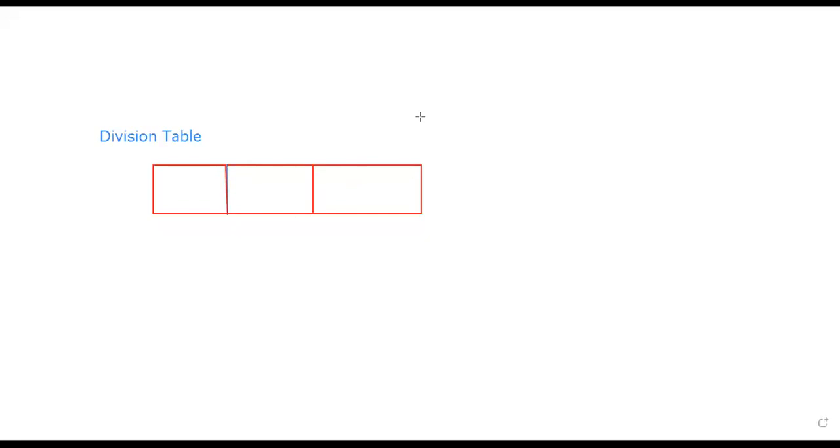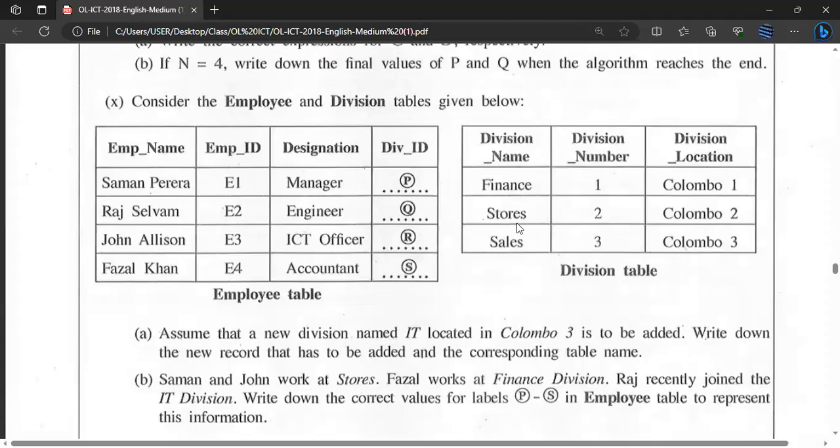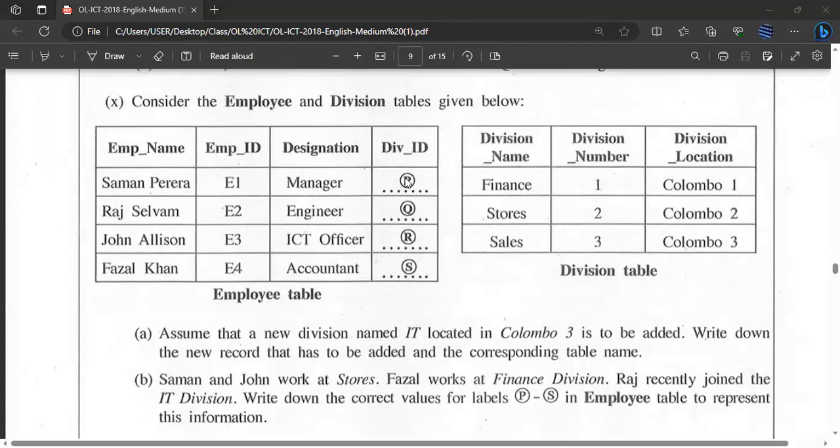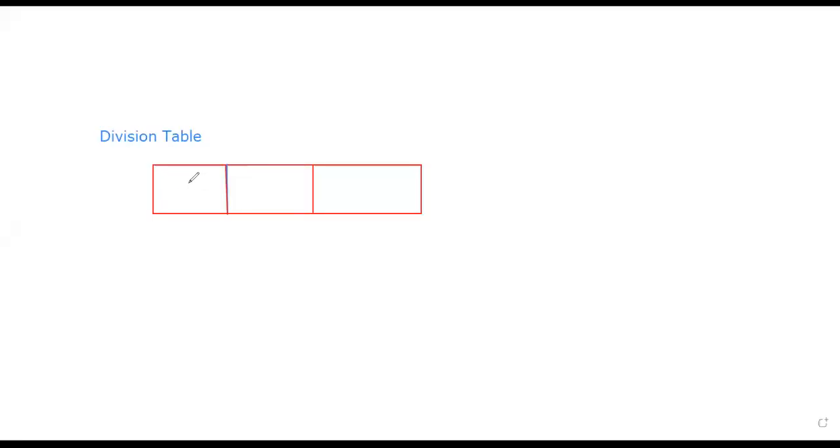So what are they saying? In the division table, for the division name, we must give IT, and for the division number we need to give 4 because it's a new division, right? So 1, 2, 3, then you need to give 4. Then for the division location they are saying Colombo 3. So you need to write here IT, and then here 4, then here Colombo 3.